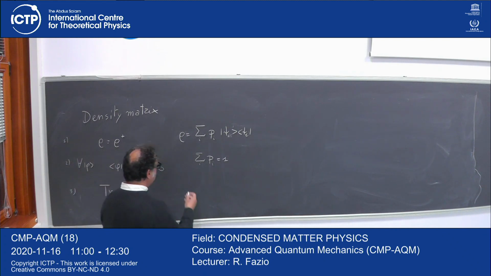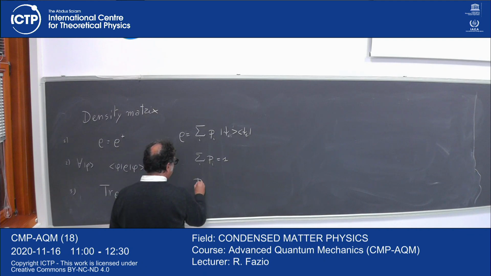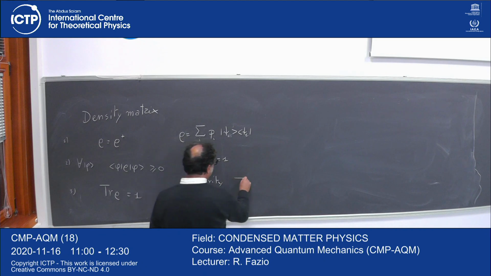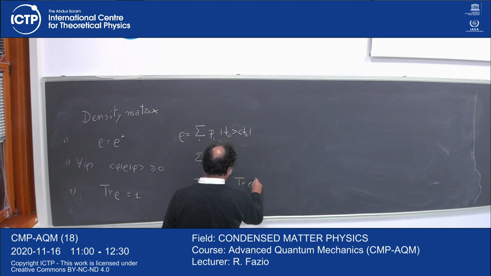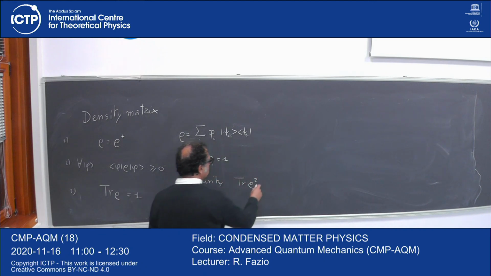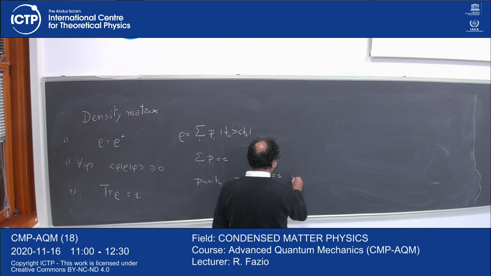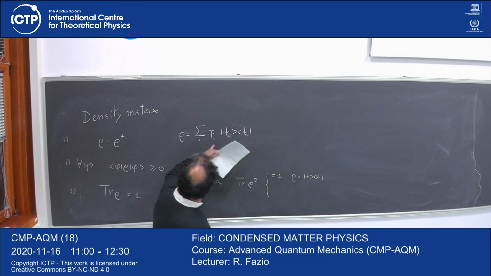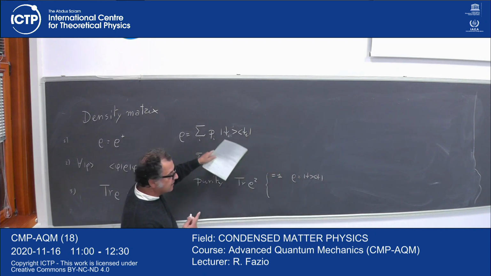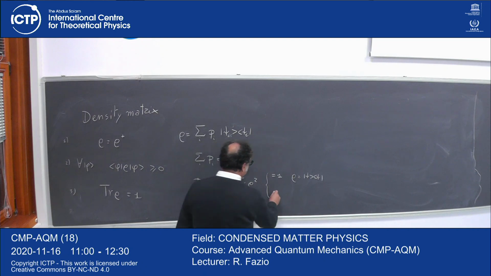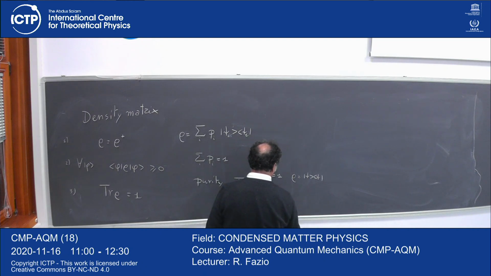Now, last time we introduced something which we call purity. Purity is the trace of rho squared. The trace of rho squared is equal to 1 only if rho can be written in this form, where all the probabilities are 0 except one, which is 1; otherwise it is smaller than 1.